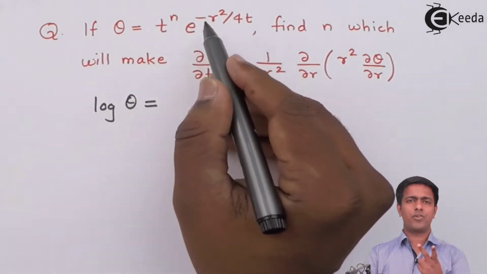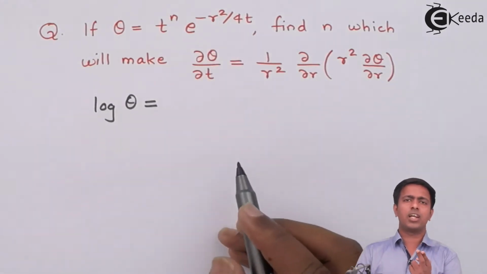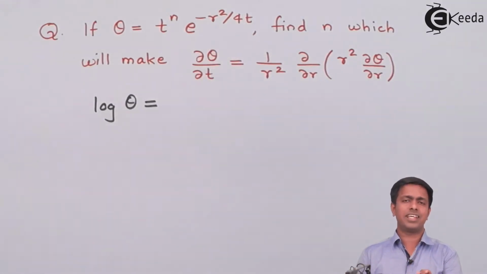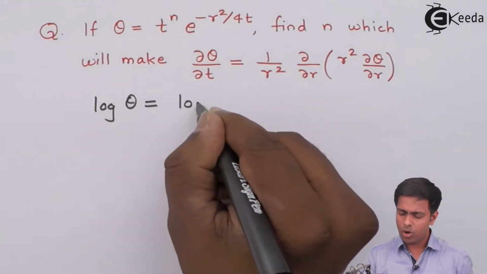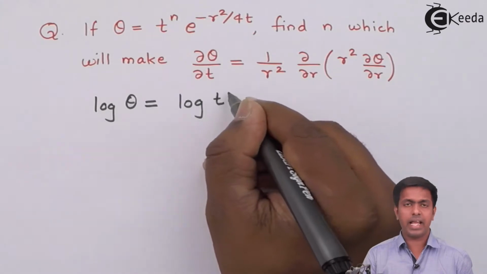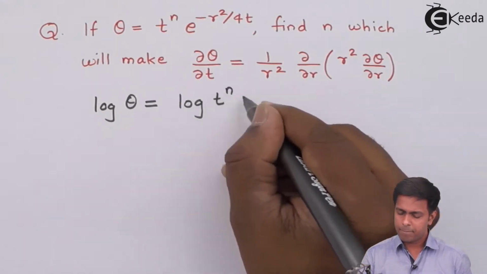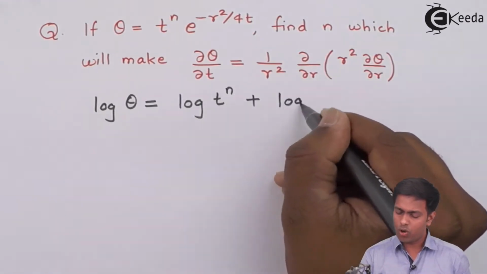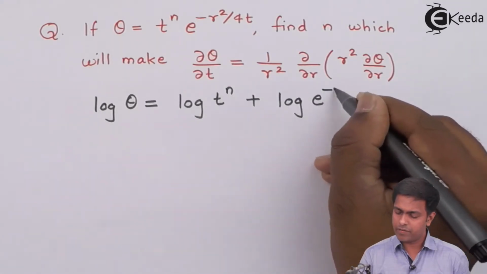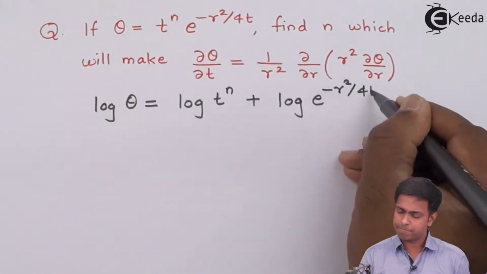Now here guys, we have two functions multiplying each other. So here I'll be applying the property of logarithm, which says log of a into b is log a plus log b, which will give me log of t to the power n plus log of e to the power negative r square by 4t.